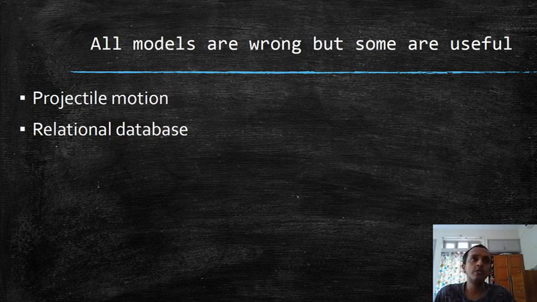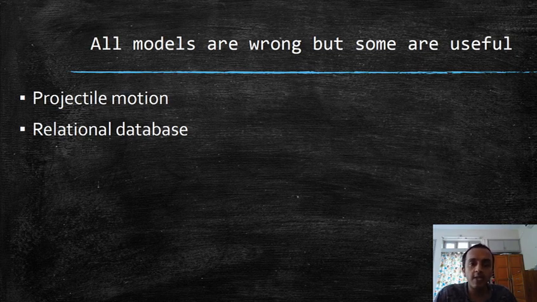I'm sure in your high school days or in your college days, you must have studied projectile motion. If you remember, when you modeled the projectile motion of an object, you made several assumptions. For example, if you are throwing a particular object, you assume that the object is a single point, which is not true.